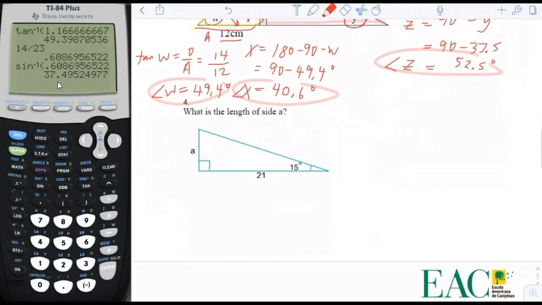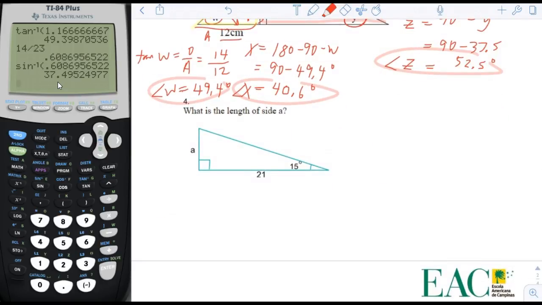Okay. What is the length of side A of this triangle here? We have this angle, and we have this side. Even though we don't know this side, we want to know this side. So what is it? It's the opposite from 15 degrees, right? And this would be the adjacent of 15 degrees.